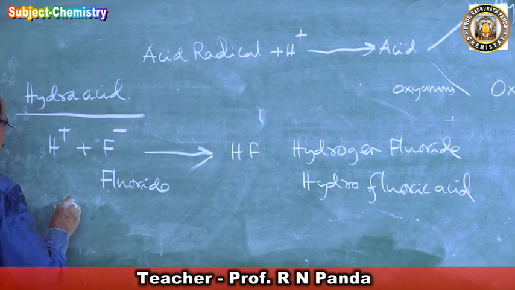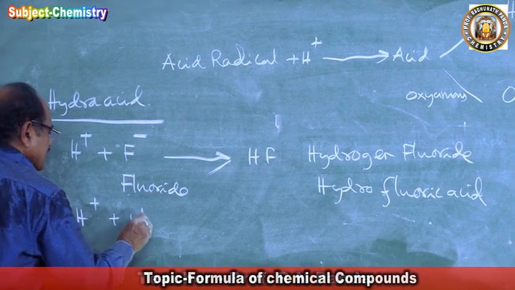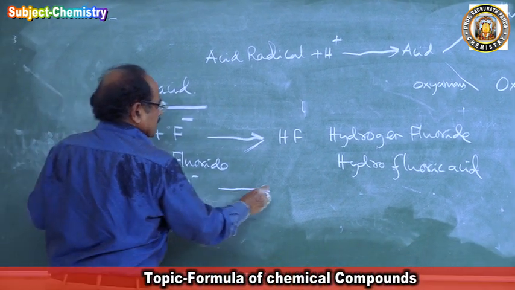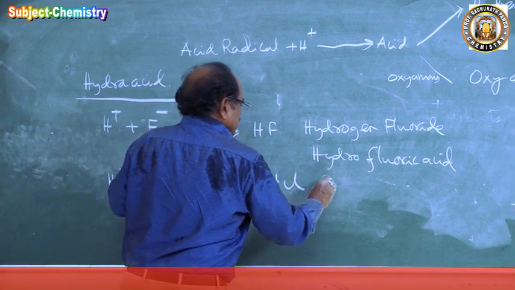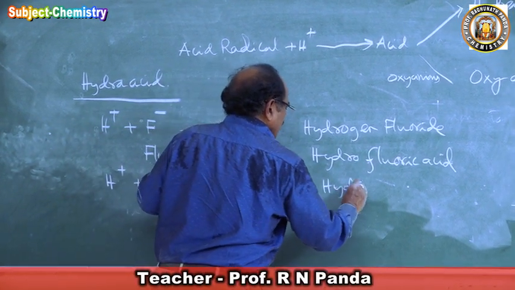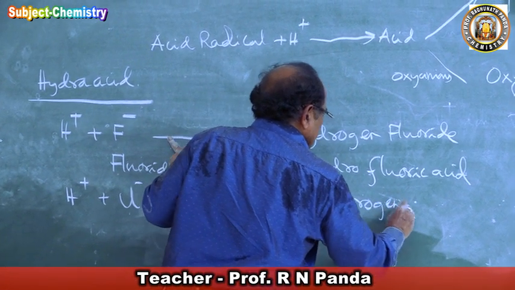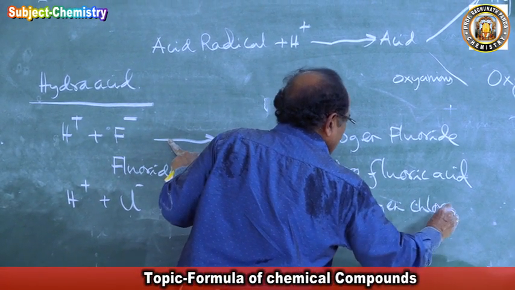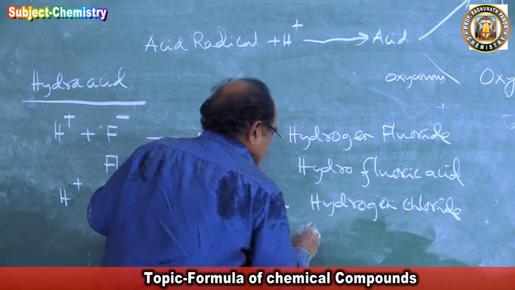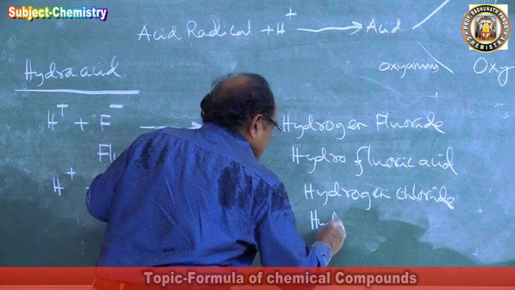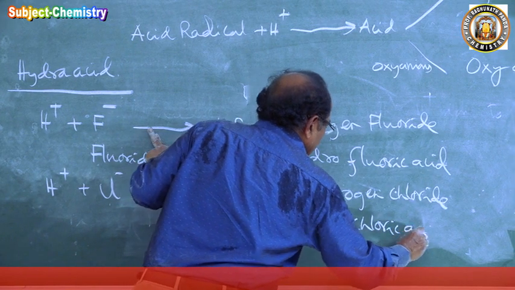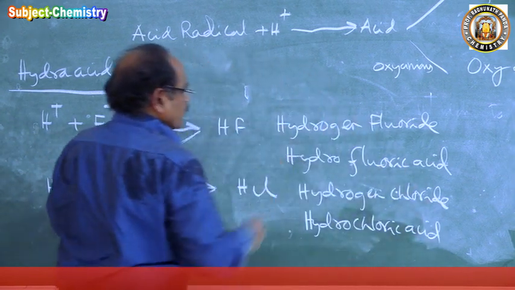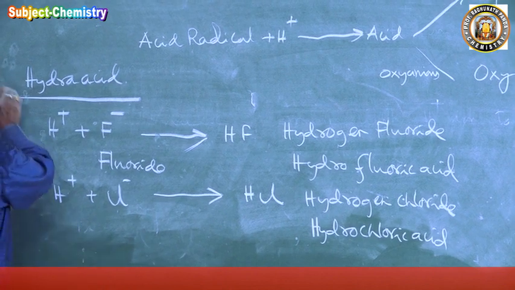H plus will combine with Cl minus, chloride, and will form HCl. This compound name is hydrogen chloride, and since it is an acid, we call this hydrochloric acid. Children, now you know how the name came for HCl.